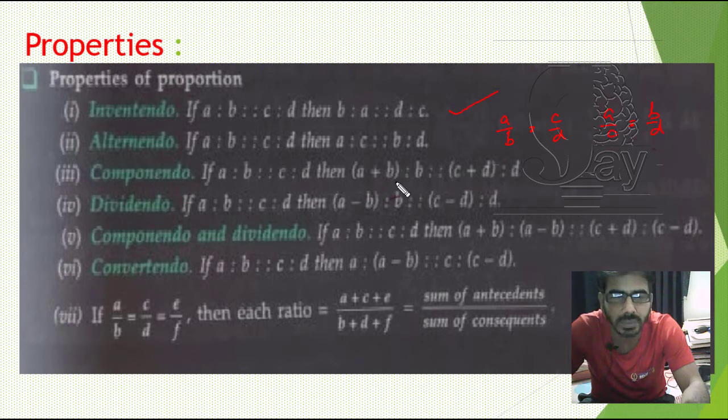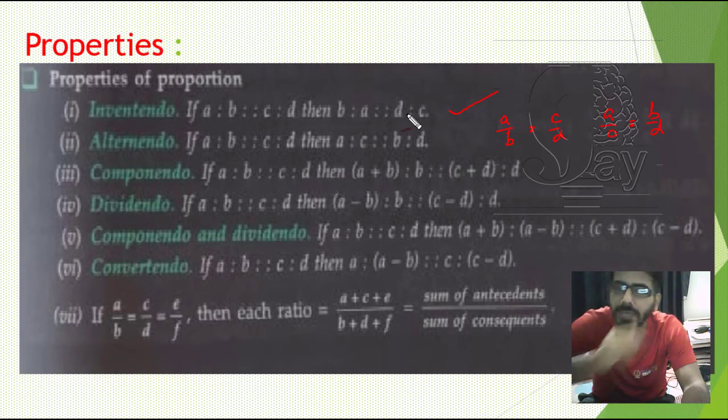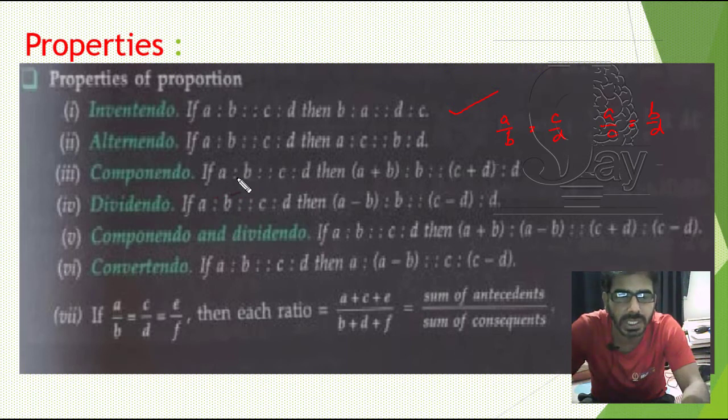What is componendo? Componendo is just adding 1 to the ratio. So if I have A by B and C by D, we just add 1 on either side, so the whole part is equal.